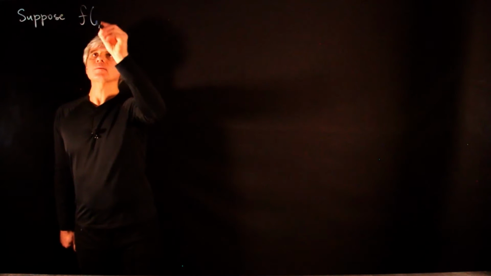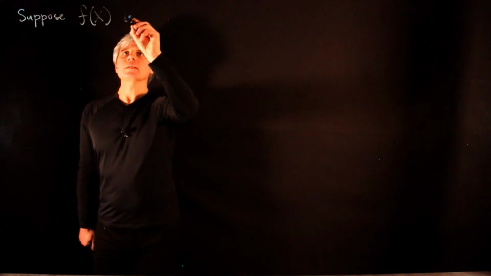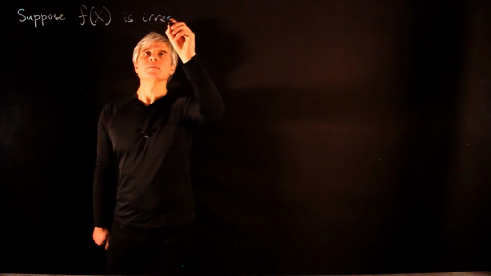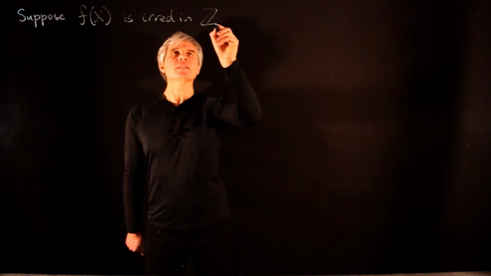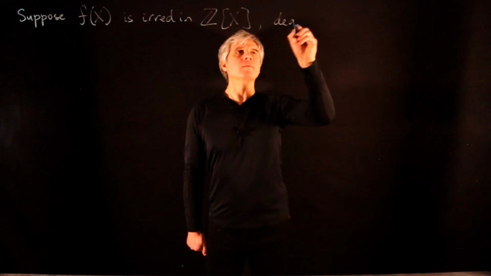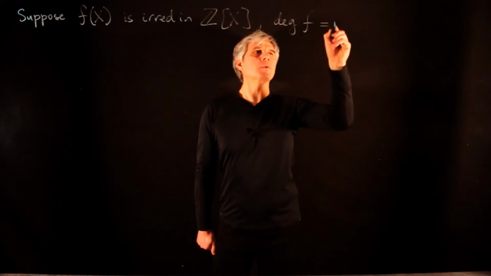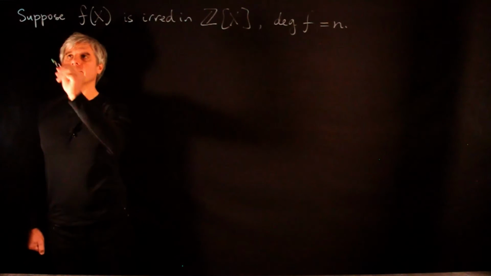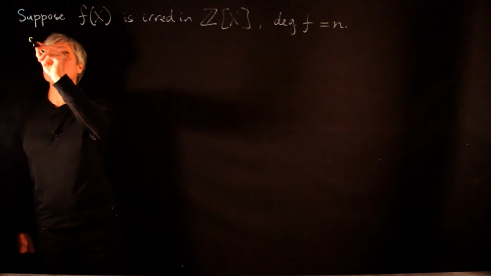Let us now consider a general situation. So suppose f of x is irreducible in Z[x], and the degree of f is equal to n. We can factor this polynomial over complex numbers.